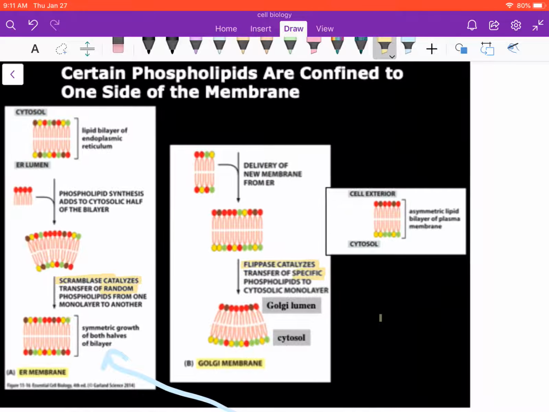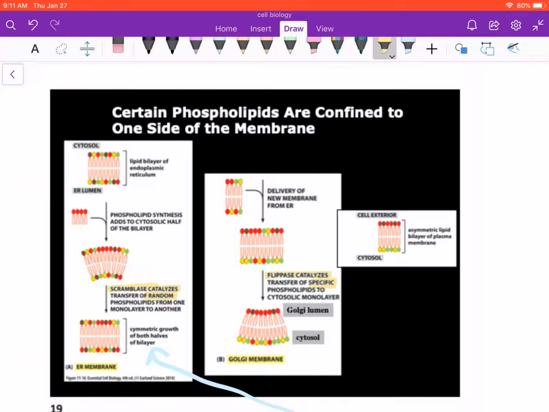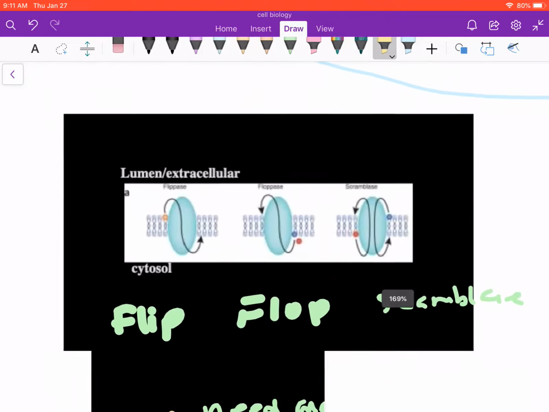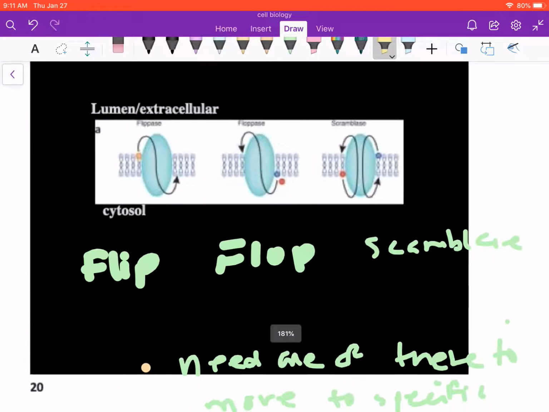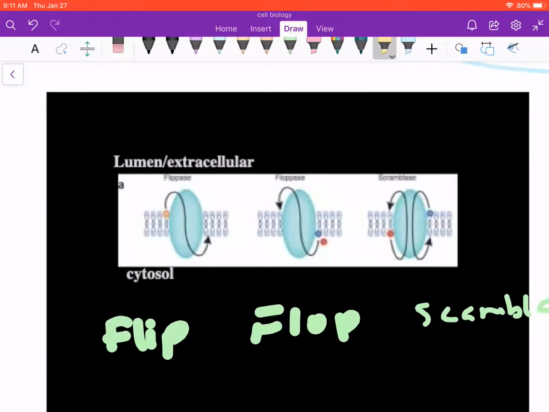Yes? What phase moves it from the lumen to the cytosol, and then what phase moves it from the cytosol to the lumen? Okay, so flippase is from the lumen side to the cytosolic side. Floppase is from the cytosolic side to the luminal side. And remember, lumen is our generic term for the inside of any organelle.